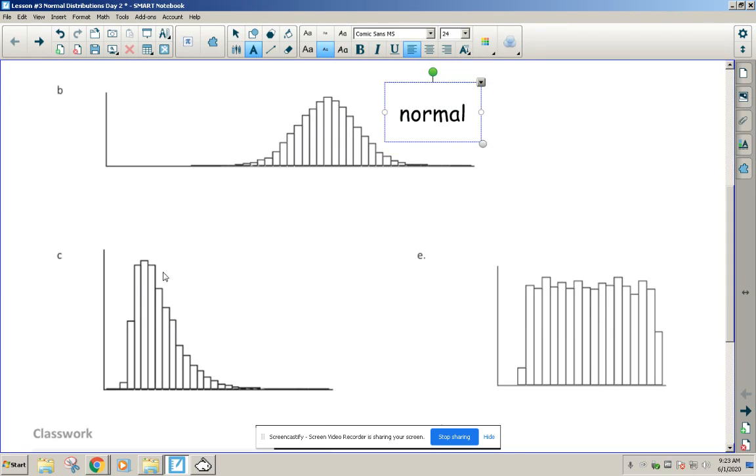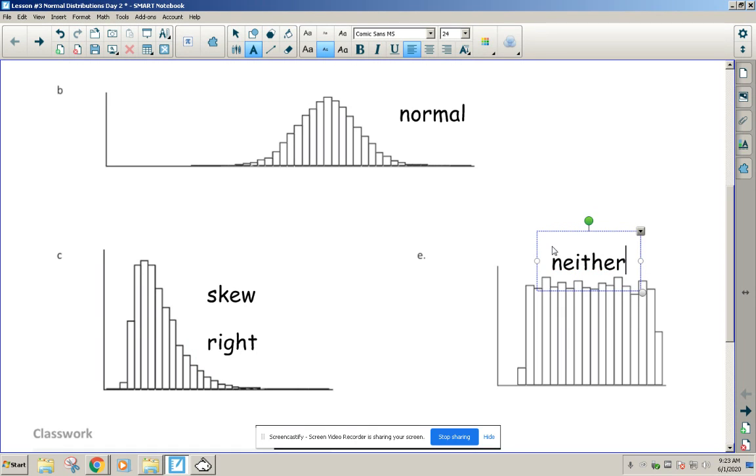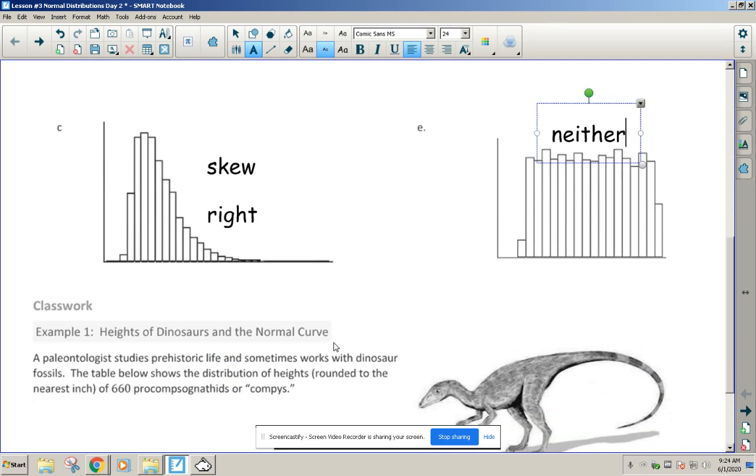Letter C would be considered skew, and it would be skewed to the right. And letter E would have been neither. It's not normal, nor is it skew. So hopefully that just brushed up from the weekend.